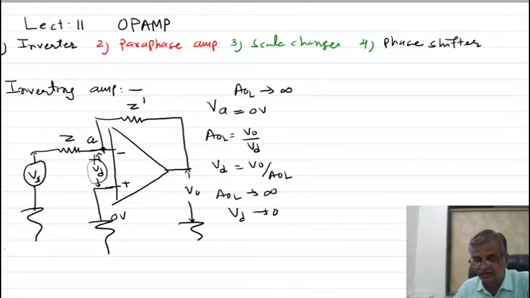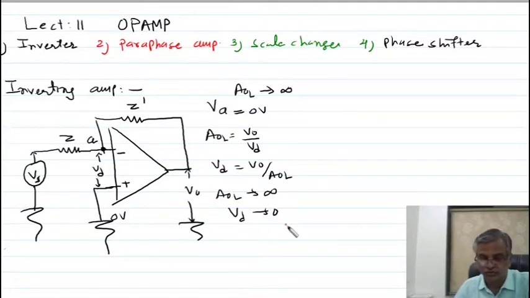Then and only then VD will be 0. VD is 0 means this potential and this potential are the same. What potential have I written here? Ground potential. It means the potential at A should also be ground potential. When A is at ground potential, then I can say VD is 0.